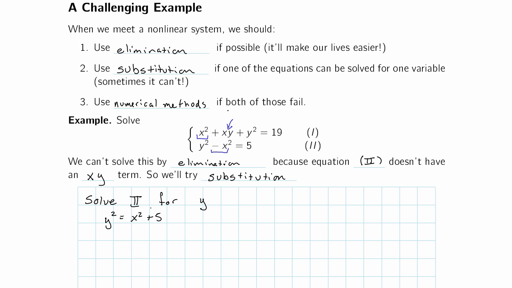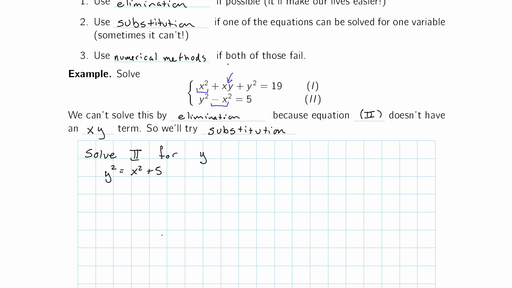That's no problem. But then if I want to get y, that's plus or minus the square root of x squared plus 5. So we've got this plus or minus here. That's actually 2 different values of y.